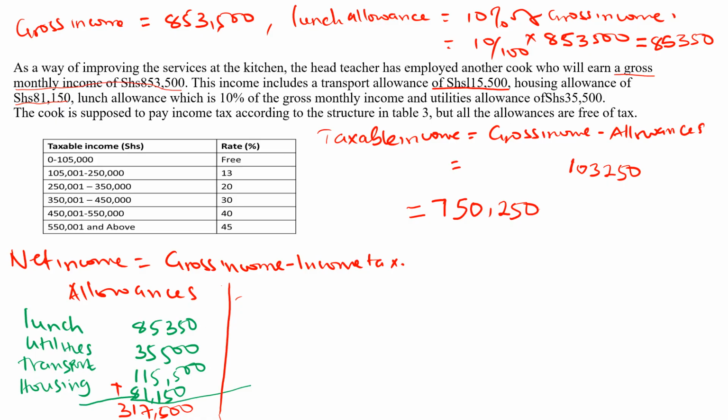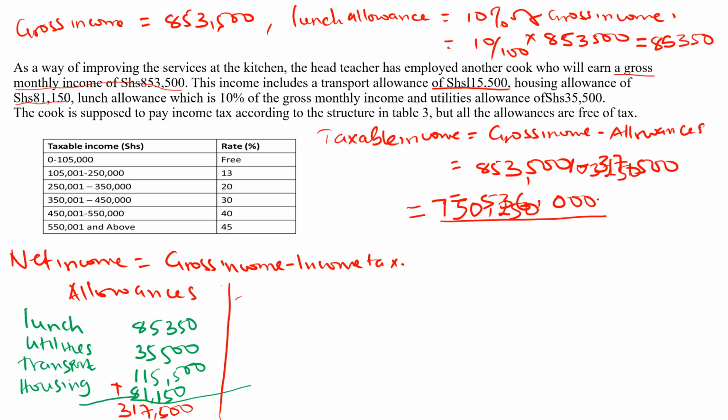So we shall have gross income of 853,500 minus allowances, which are totaling to 317,500. And then we have the taxable income of 536,000 as the taxable income. So you come here on your table, the tax slabs.